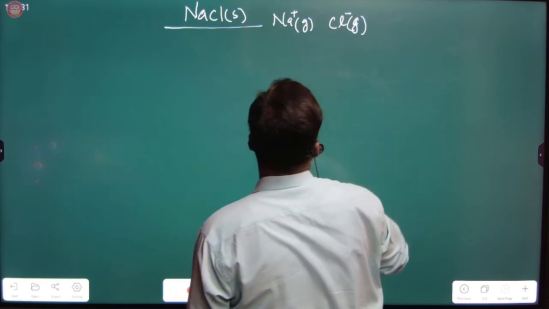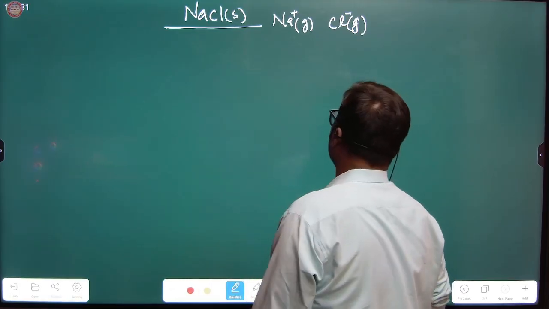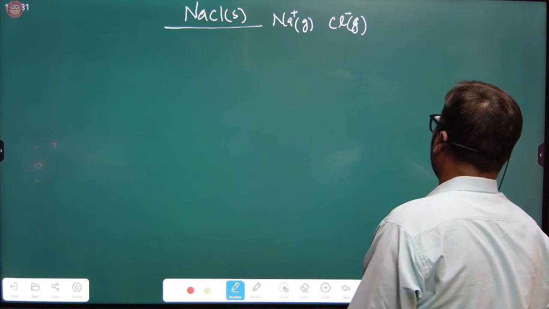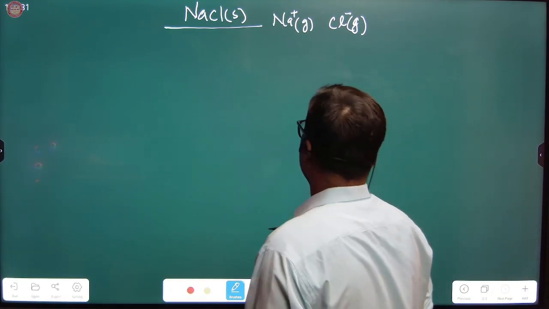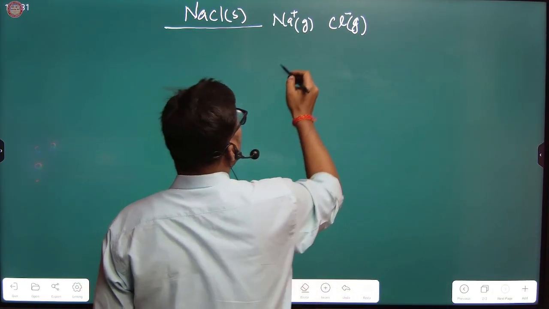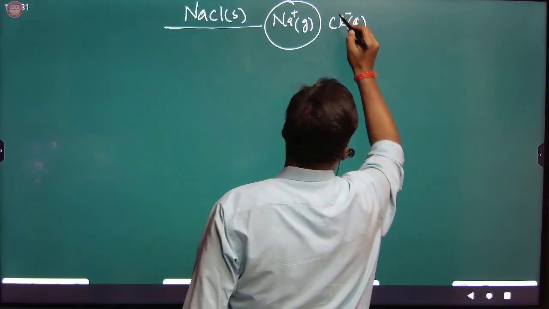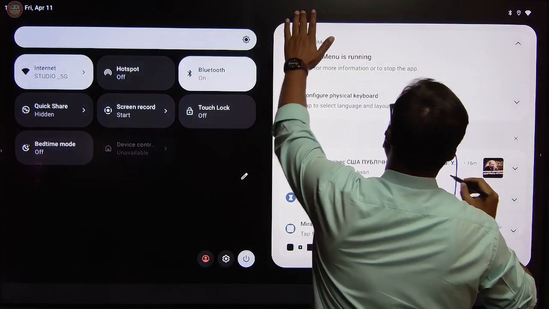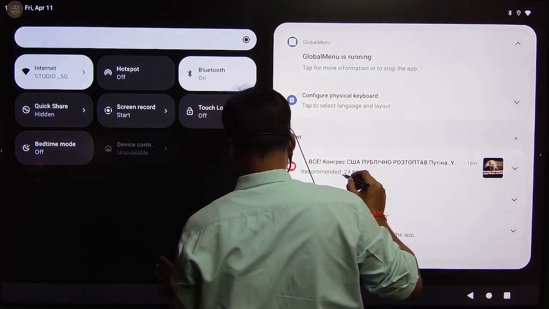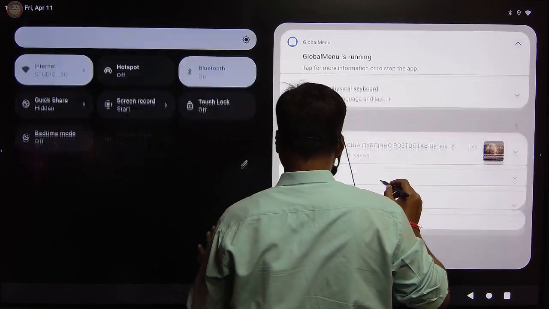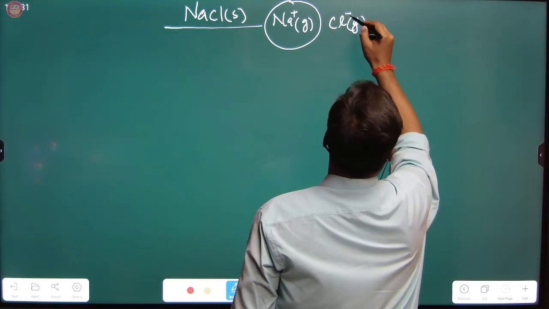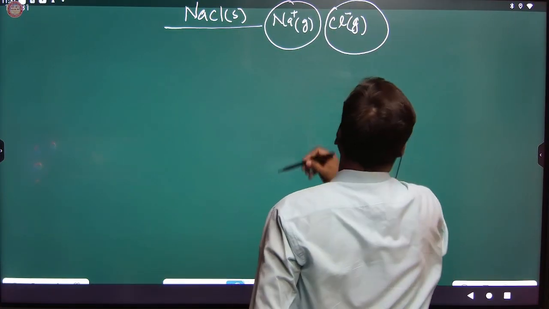So two types of ions are present in the lattice. This is your sodium cation and this is your chloride ion.